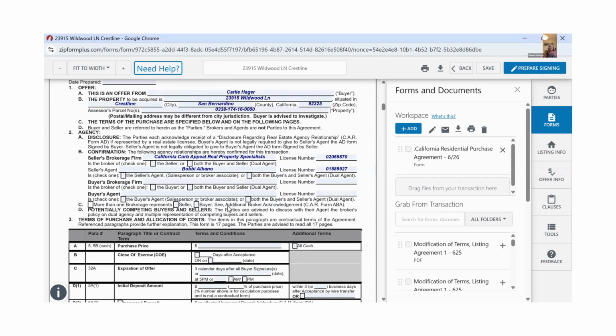Also, for example, if you're working with a seller and all of a sudden at an open house a buyer shows up who wants to buy the house, but they don't want to be represented. They want to do the deal and they want you to do the paperwork, but they don't actually want representation. So it's just a time to bring that kind of stuff up. It's an opportunity to make them understand that.